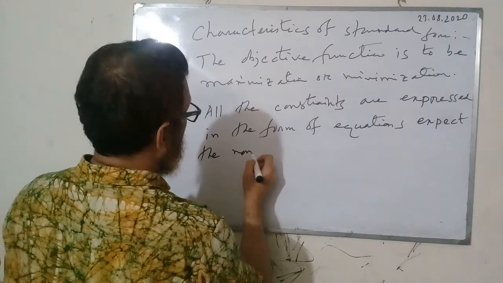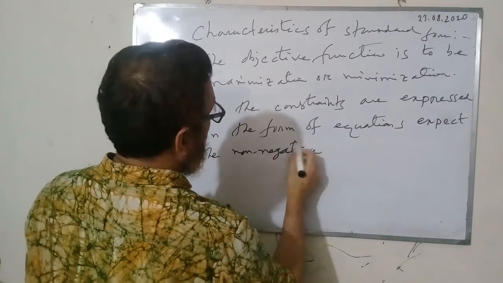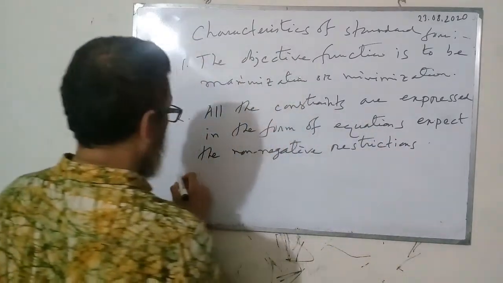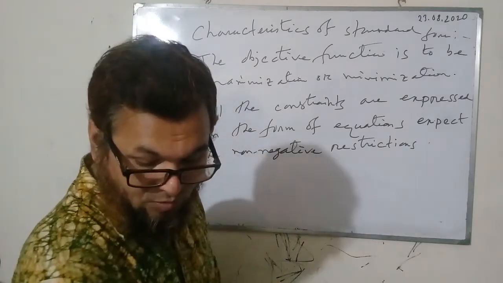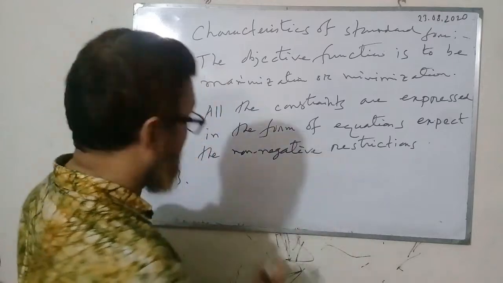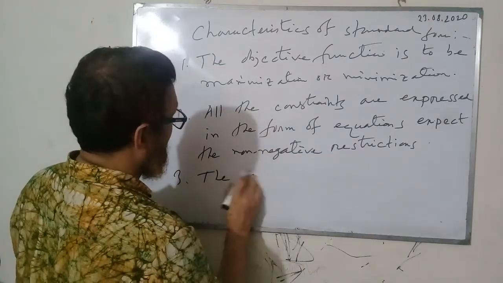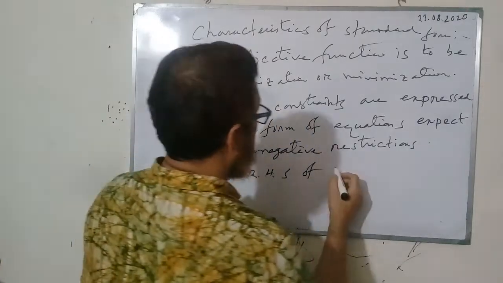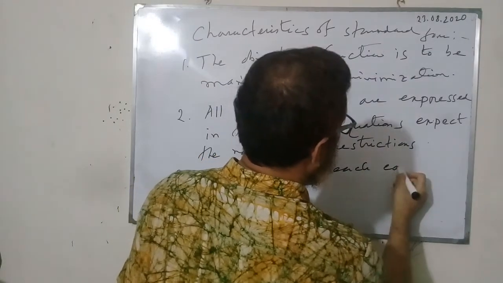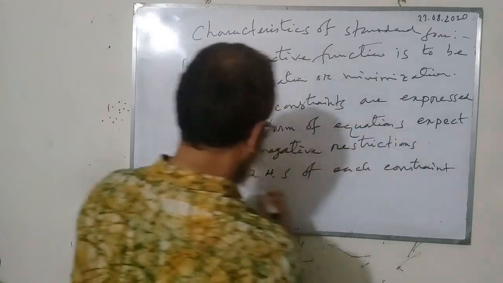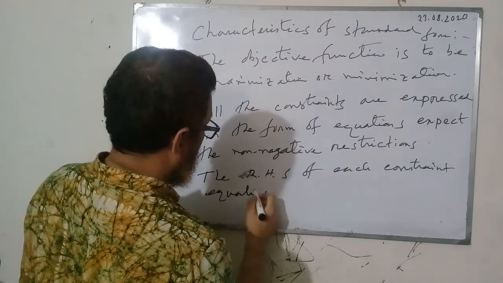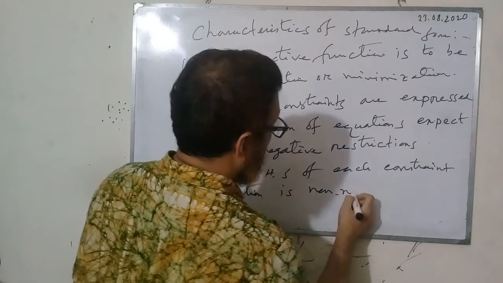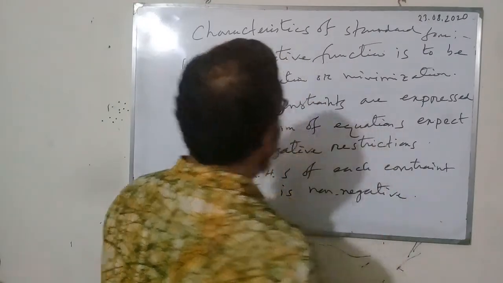Number 3, the right hand side of the constraint equation is non-negative.